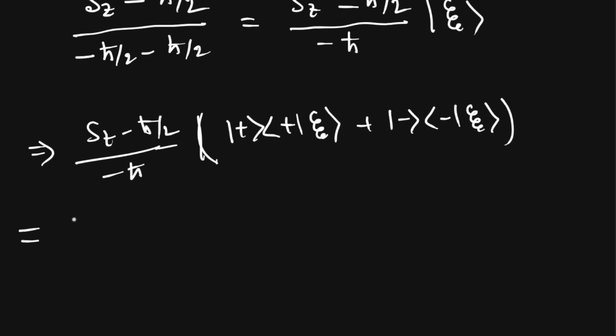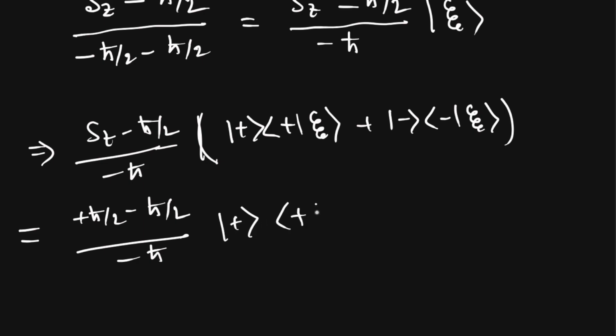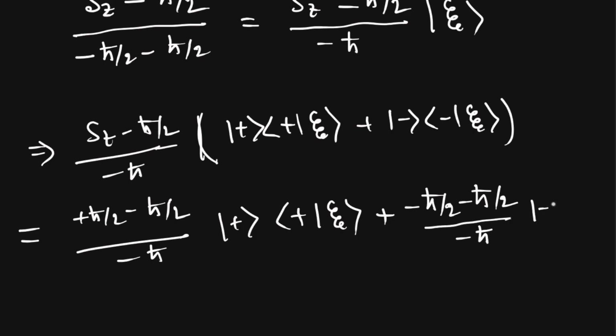First we will get (plus h cut by 2 minus h cut by 2) over minus h cut on plus xi. Second we will get (minus h cut by 2 minus h cut by 2) over minus h cut on minus psi.